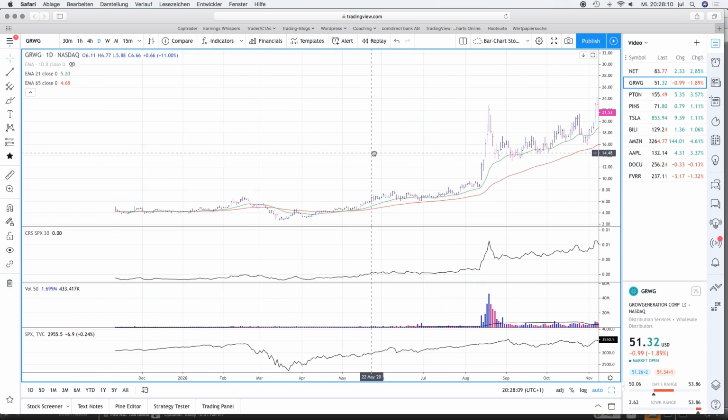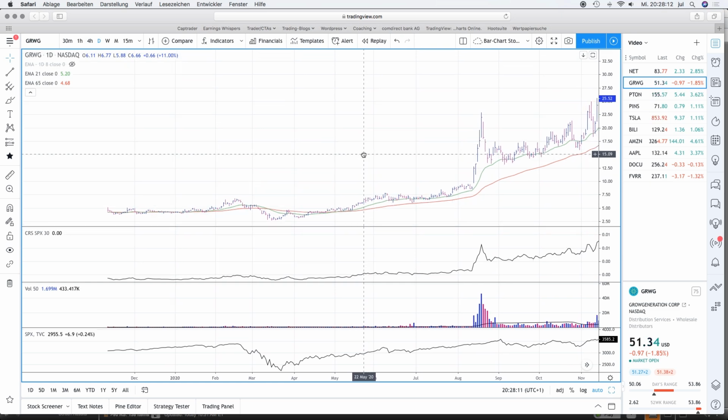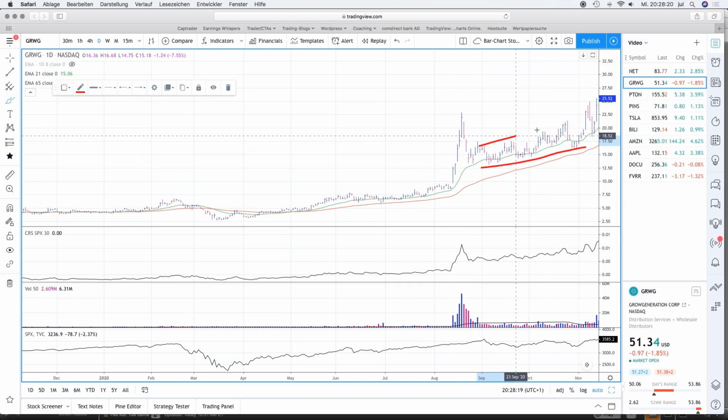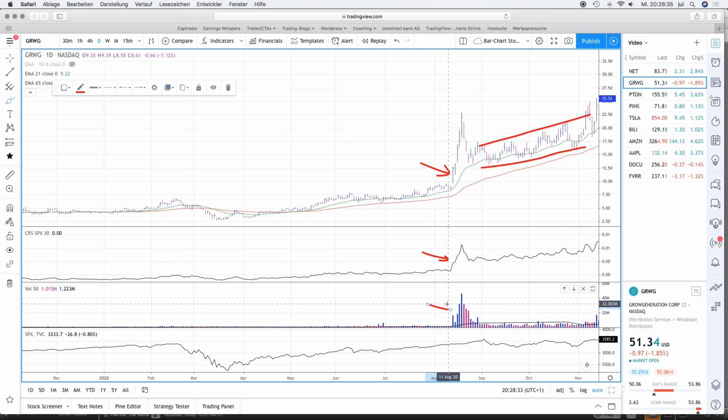And if we now look at that type of consolidation, for example, you can see that's also something like an upward consolidation, so price is going higher and consolidating at the same time. And now you can see here before the consolidation there was an explosion in price and also an explosion in the RS line and also in volume, so very perfect.